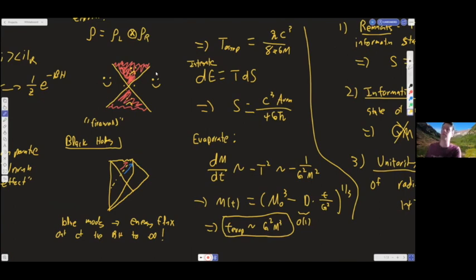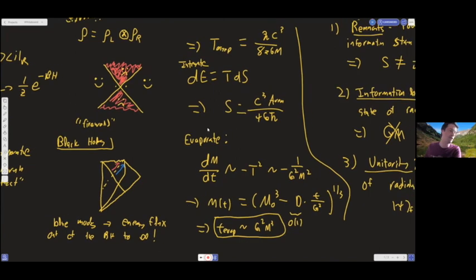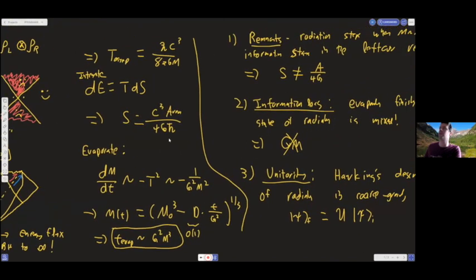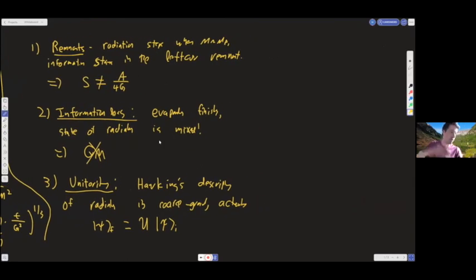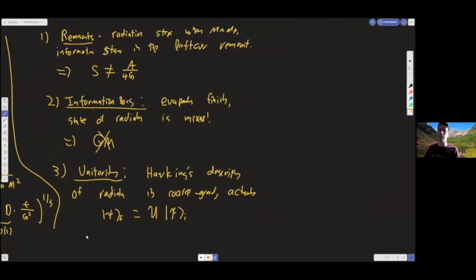And if you think there's nothing funny at the horizon, then you should believe this calculation, at least if you believe in local effective field theory. And if you don't believe in local effective field theory, then you're throwing out another fundamental pillar of physics, right? So then you're saying that you don't believe in effective field theory. Okay, so whichever option you pick, you're throwing out something nice.